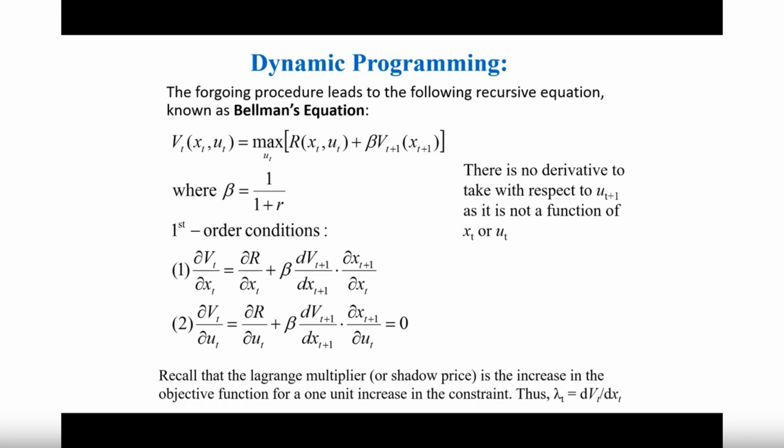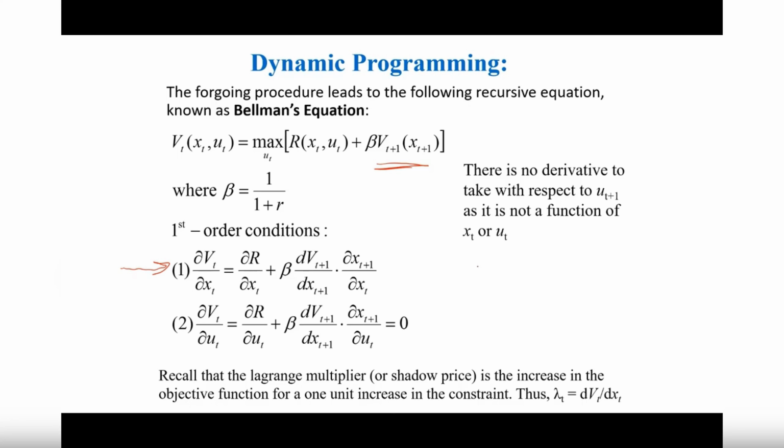So that ends up being, in this equation here, the partial of the value at time t with respect to the state variable at t is equal to the partial of the return with respect to the state variable plus beta times the derivative of the value function, the future value, with respect to the state variable at the future time, multiplied by the partial of x_{t+1} over partial of x_t.